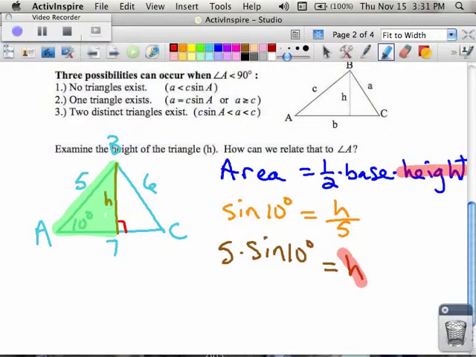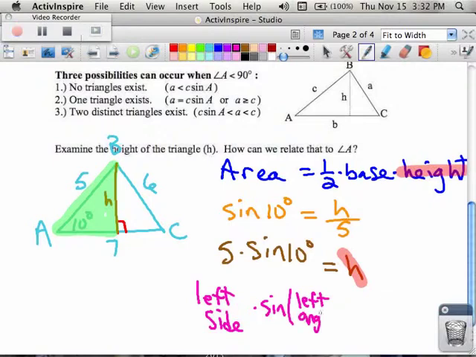So this height that I'm talking about is always the 5, which is the left side of the triangle, times the sine of the left angle. That's my height.